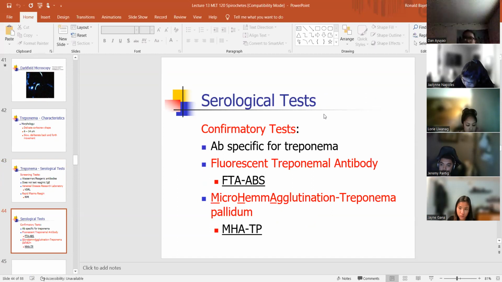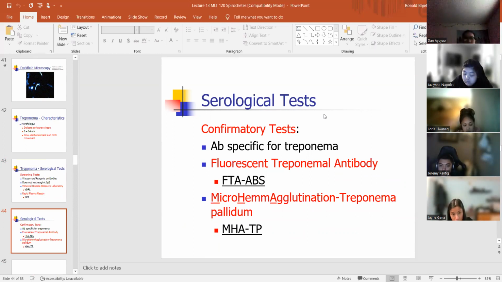The two confirmatory tests, antibody specific for treponema, are the fluorescent treponemal antibody, FTA-ABS, and the MHA-TP, which stands for microhemagglutination Treponema pallidum. If either of them is positive, then it confirms that the patient has syphilis.